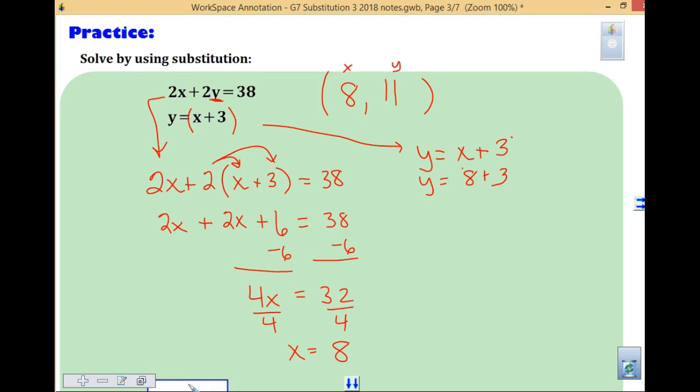We are going to take 2 times 8 plus 2 times 11. And the question is, does that equal 38? 16 plus 22, is it equal to 38? And it checks. So we got the right answer. Okay? Check.